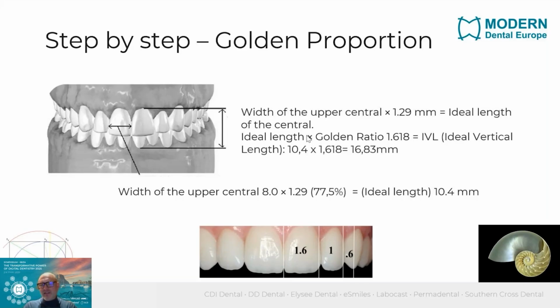dimension, the length from gingival line of the upper incisors to gingival line of the lower incisors, we look at multiplying by the golden ratio 1.6, which leads here to a total ideal vertical length of 16.8 millimeters.